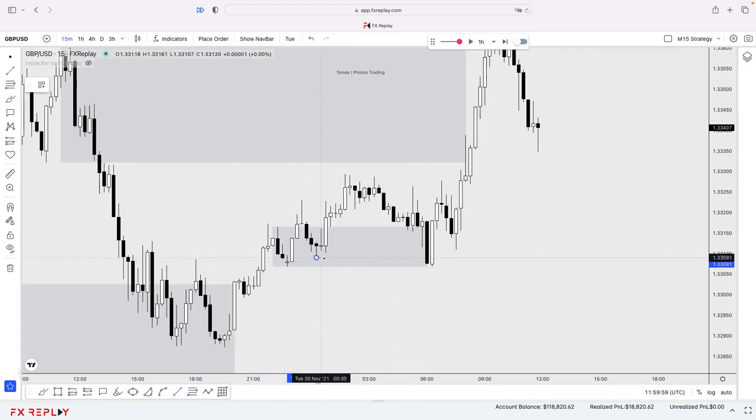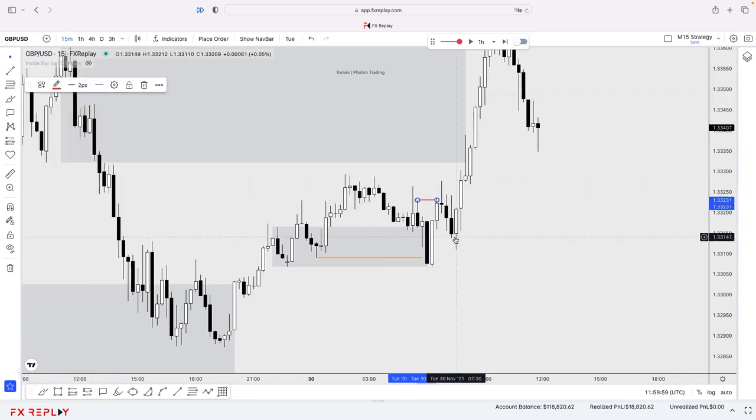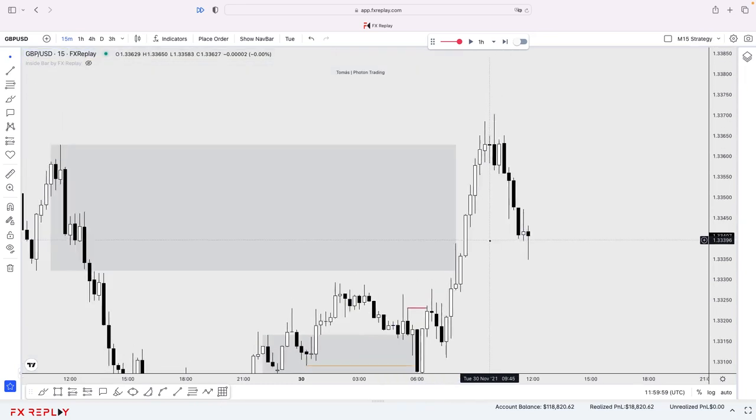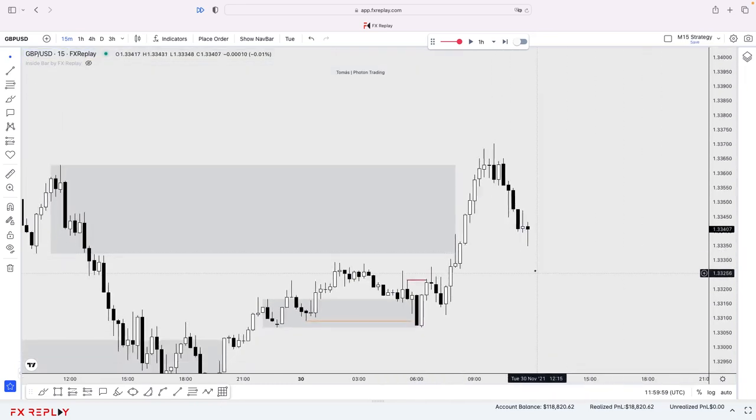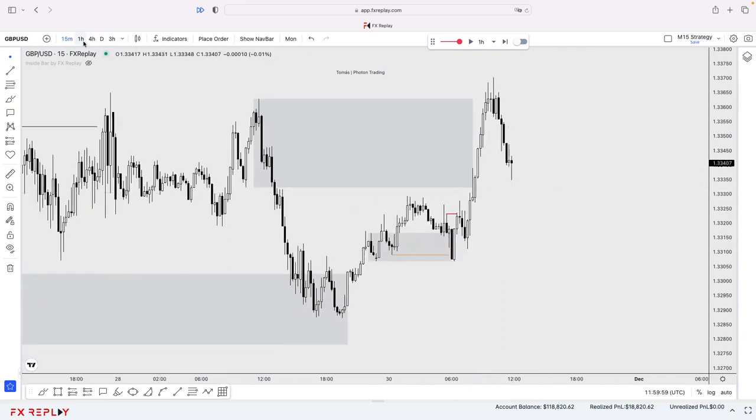So here, M15 liquidity, change of character, and the PBL and price mitigate the extreme and continue to the upside. This would be a winning trade. I just missed because this is what it is.